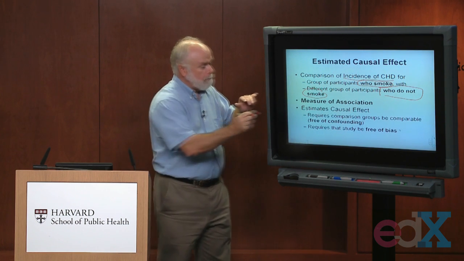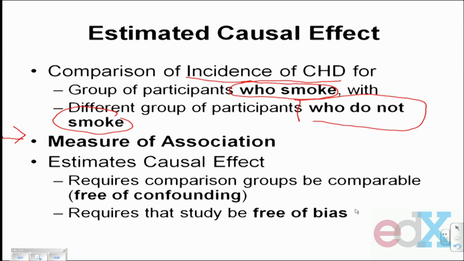And then we're going to build a measure of association, something like a risk ratio, a rate ratio, an odds ratio, things I'll define in future lectures, that links, in a quantitative sense, presence or absence of smoking with the development or not development of coronary heart disease during the 24 years of follow-up.